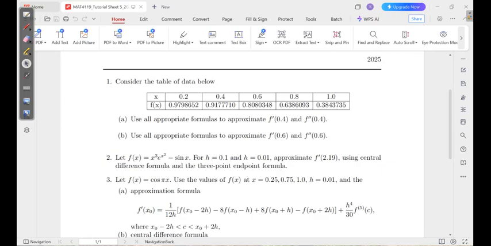This question is pretty straightforward. It's just a matter of knowing exactly what you're supposed to do. Of course, it can involve a lot of computations, but the question itself is pretty straightforward.